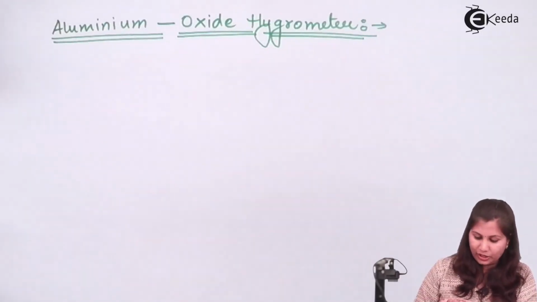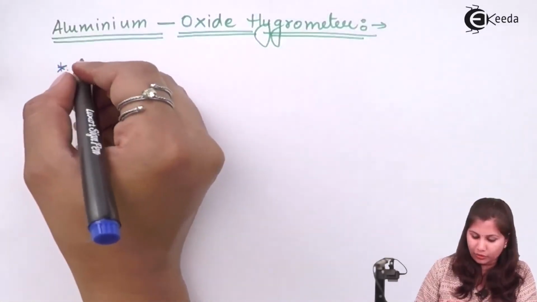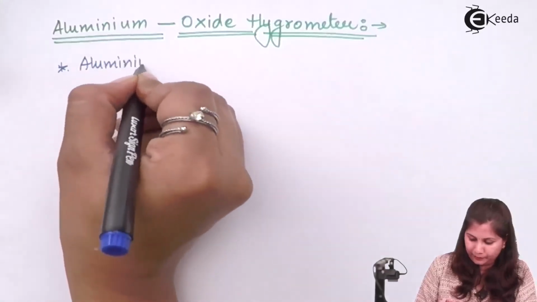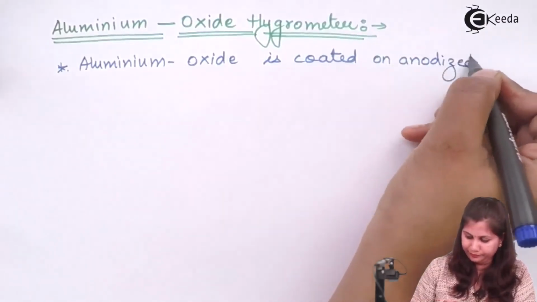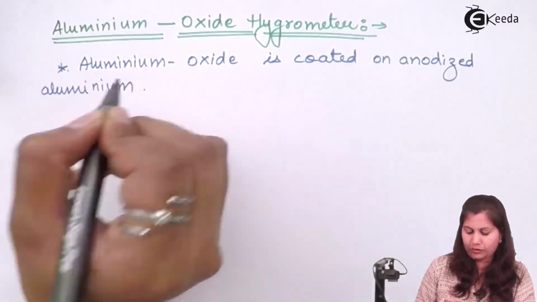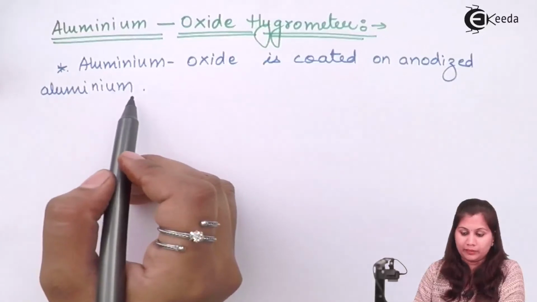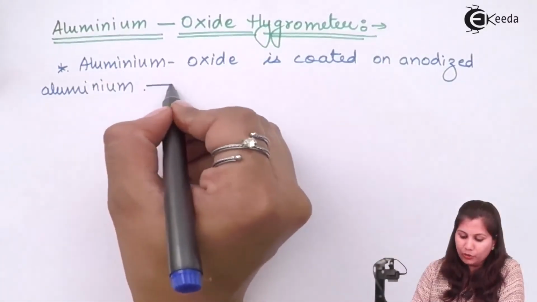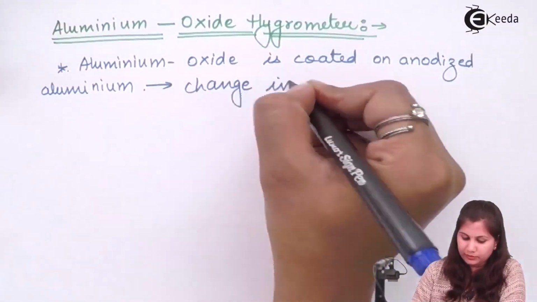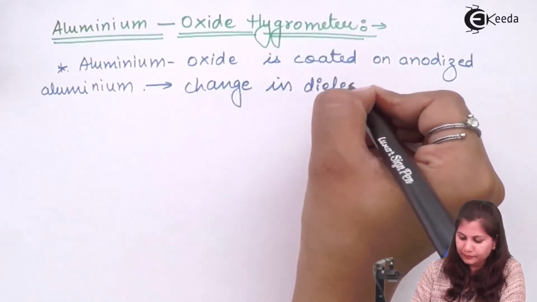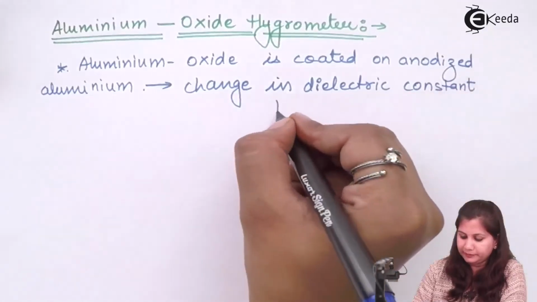If we see its construction, aluminium oxide is coated on an anodized aluminium, and this aluminium oxide is going to exhibit change in the dielectric constant with respect to changes in the humidity.